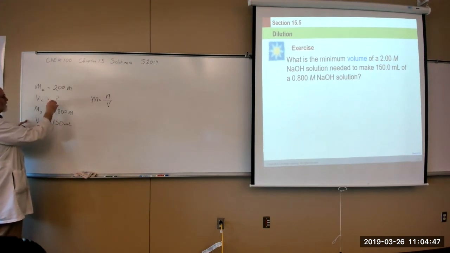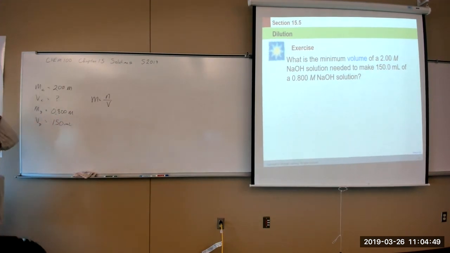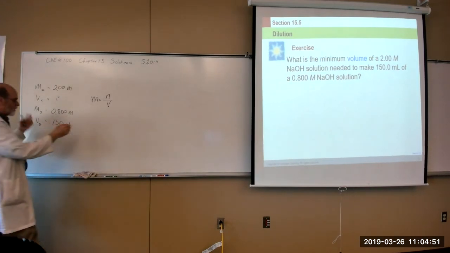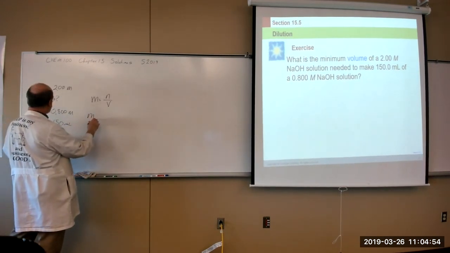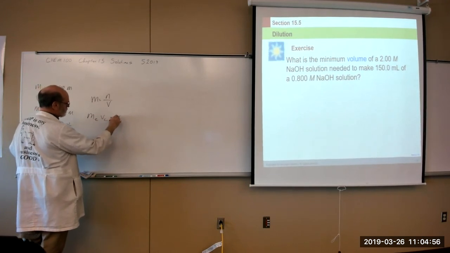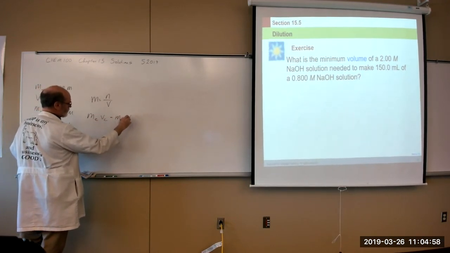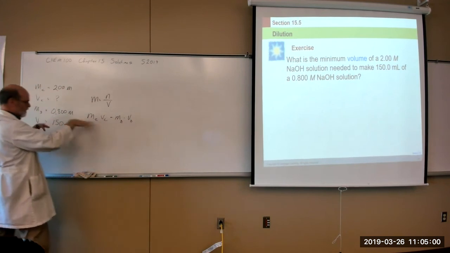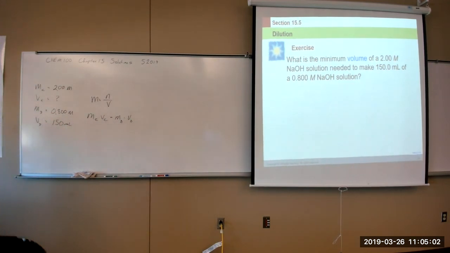So this is the unknown, right? So you just set up your relationship, concentrated, dilute, dilute. Plug your numbers in, solve for your unknown. Okay?